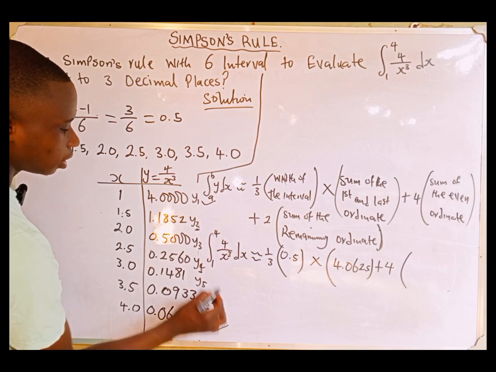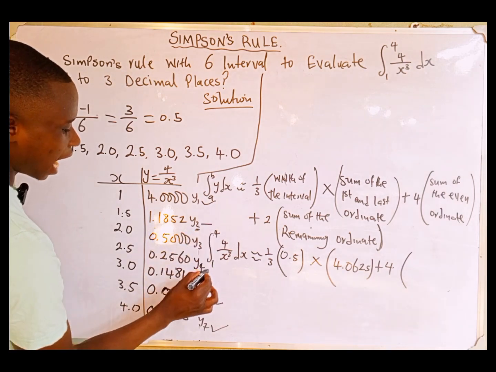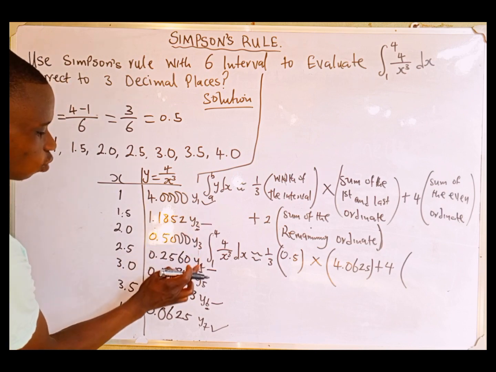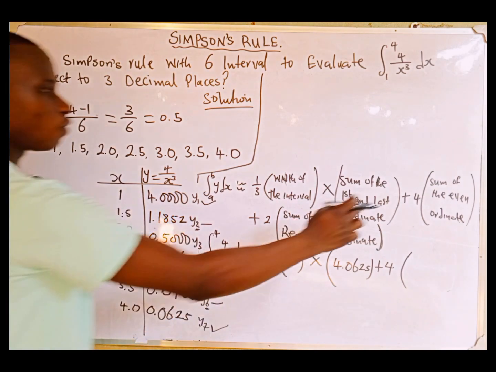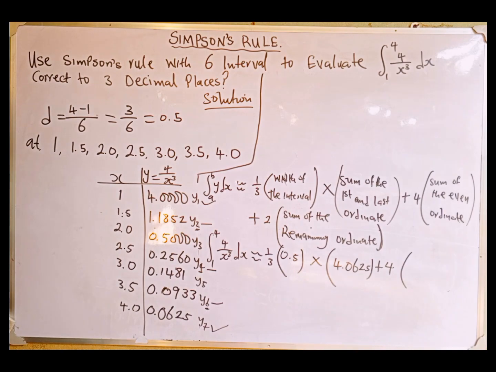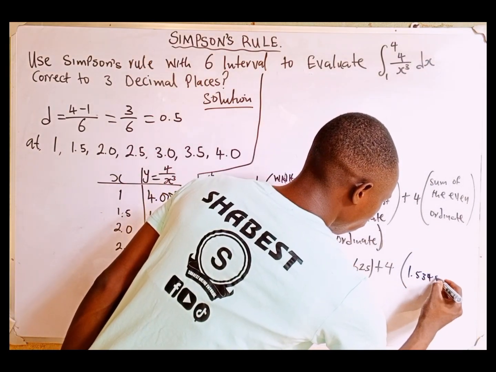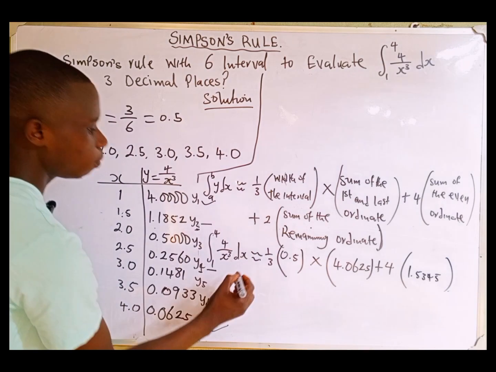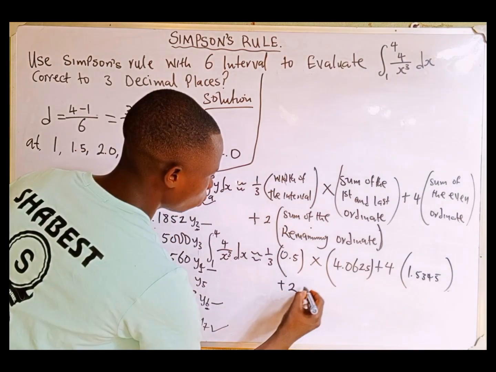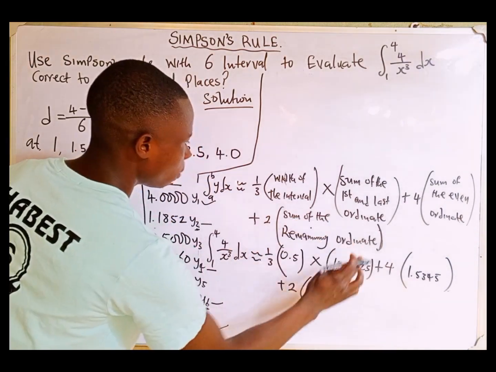So y2, y4, and y6 added together give us the sum of the even ordinates, which is 1.5345. The next one is plus 2 times the sum of the remaining ordinates.